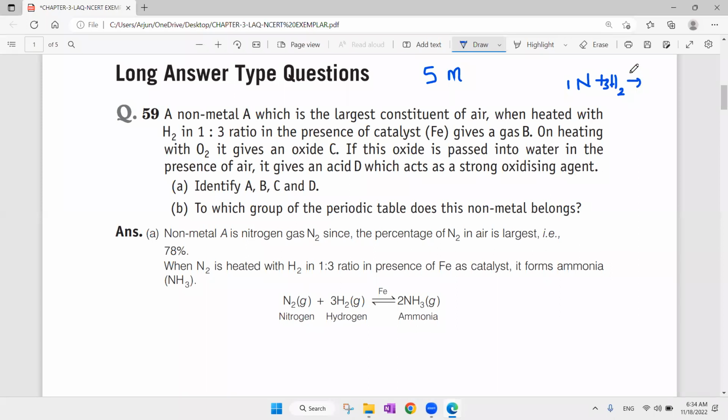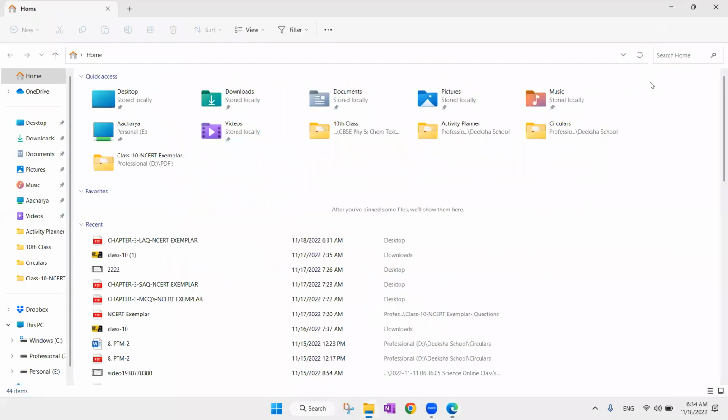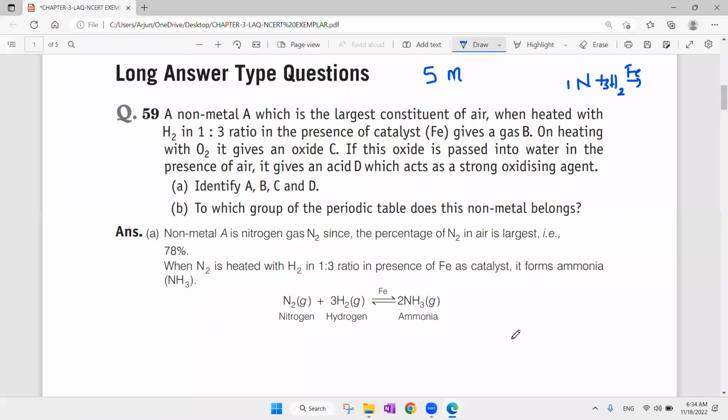It gives, also in the presence of a catalyst iron, one gas B. On heating with O2, it gives oxide C. So the same nitrogen on heating with oxygen gives another oxide C. If this oxide is passed into water in the presence of air, it gives an acid D, which acts as a strong oxidizing agent.